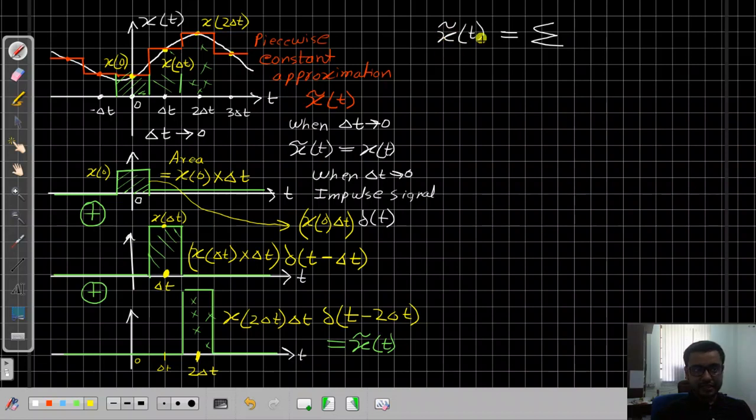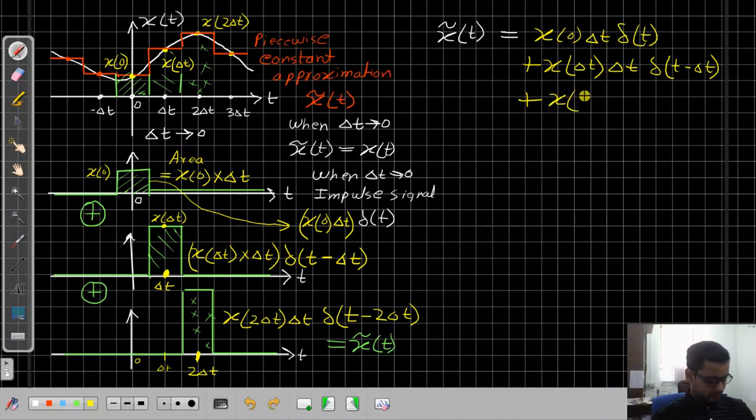Thus, this x tilde t can be written as a sum of, let me first write it this way, this signal x of 0 times delta t times this, plus this signal, which is x of this delta t times delta t minus del t, plus this signal, which is x of 2 delta t times delta t minus 2 delta t, and so on.